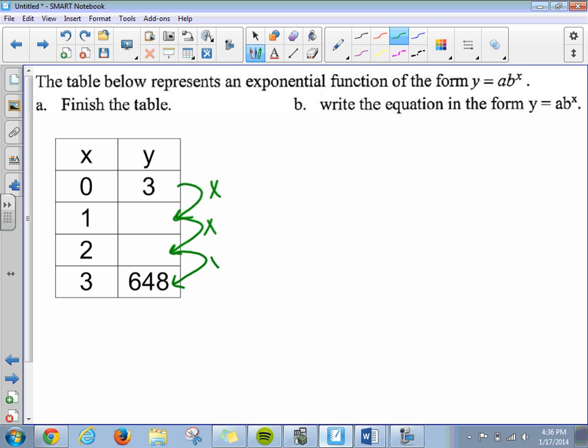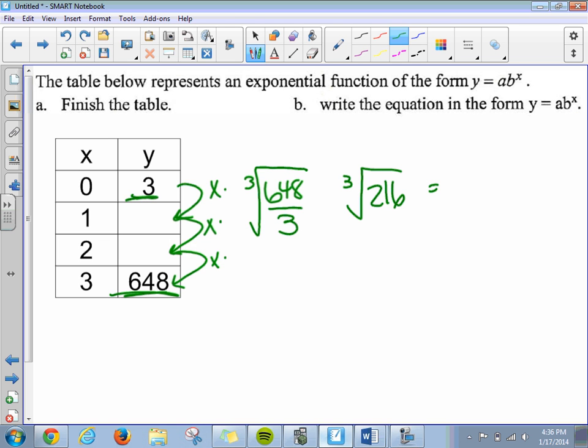So with this one, what we're looking at is we're going to take our last one we went to, which was that 648, divide it by 3, and then we had 3 different x's, and so we're going to end up taking the cube root of this. So we're going to take the cube root of 216, which we find out is equal to 6.